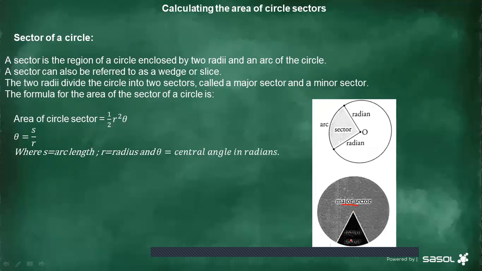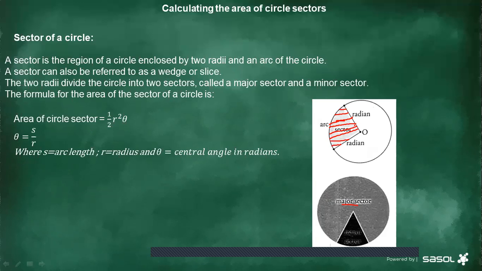That is the minor sector. And then the formula that we are using to calculate the area of that particular sector says area of a sector equals 1/2 r squared theta, meaning you will get the area of this slice. That formula is going to help you determine that area.